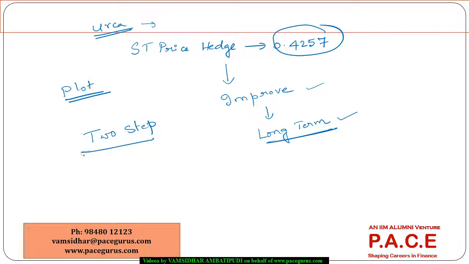The first step is to test both my mid cap as well as my Sensex for unit root. Unit root is a test associated with non-stationarity of the data. For that, theoretically, we use what is called the augmented Dickey-Fuller test.